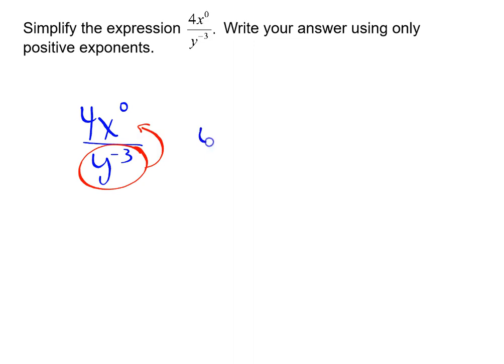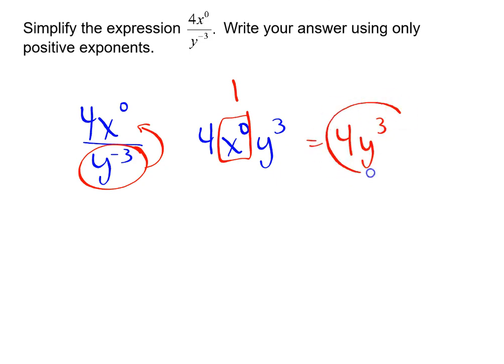When we do that, it makes our exponent positive. So we have 4x to the 0, y to the 3rd. Now we know x to the 0 is equal to 1. So 4 times 1 times y to the 3rd is 4y to the 3rd.